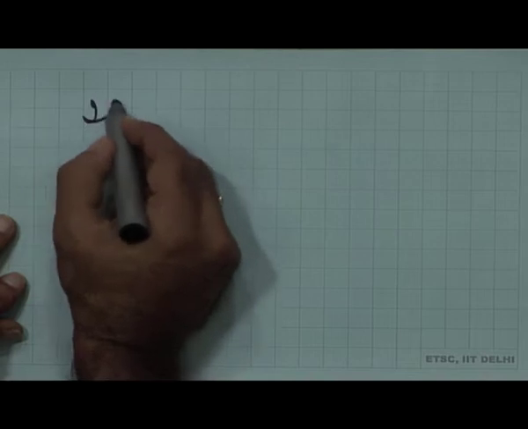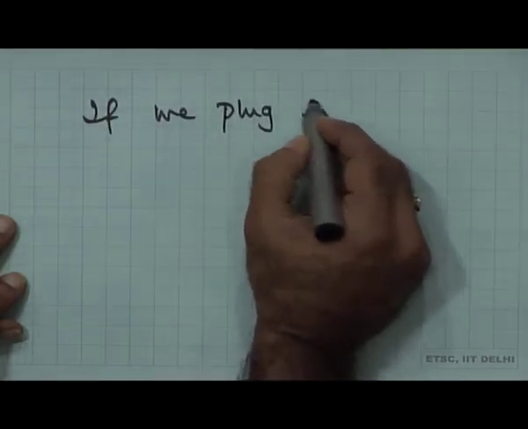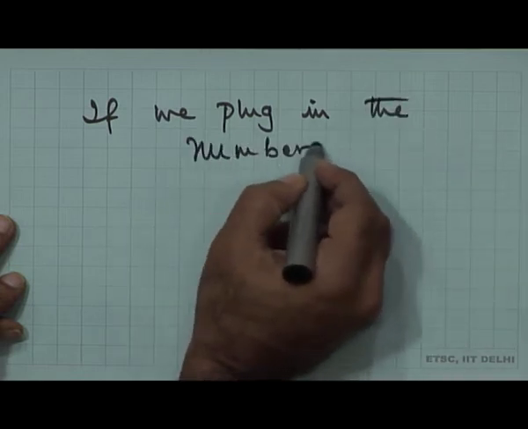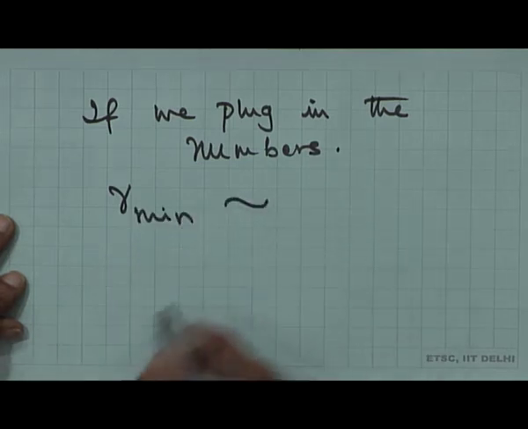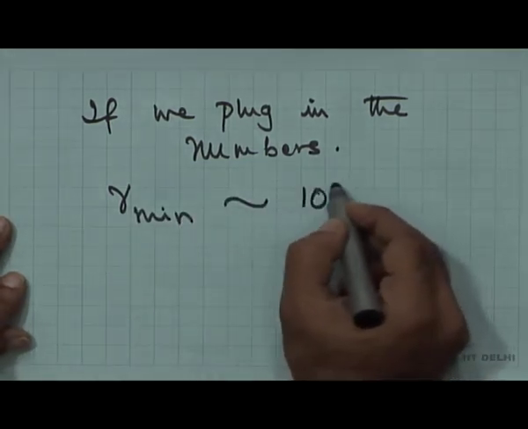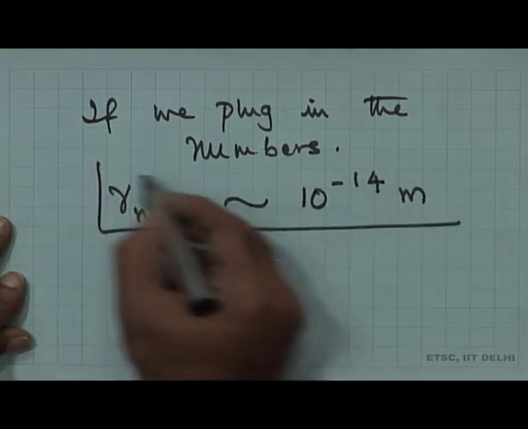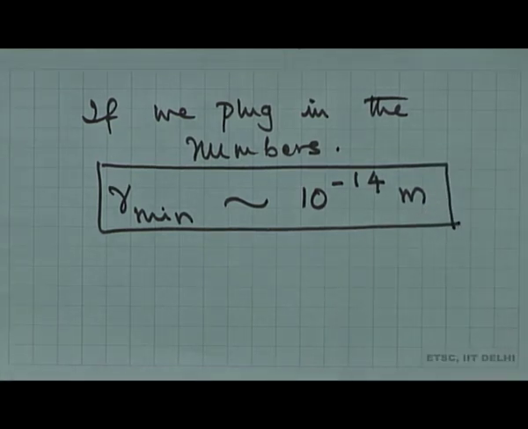So if we plug in the numbers, what do we get? R minimum is of the order of 10 to the power of minus 14 meters.